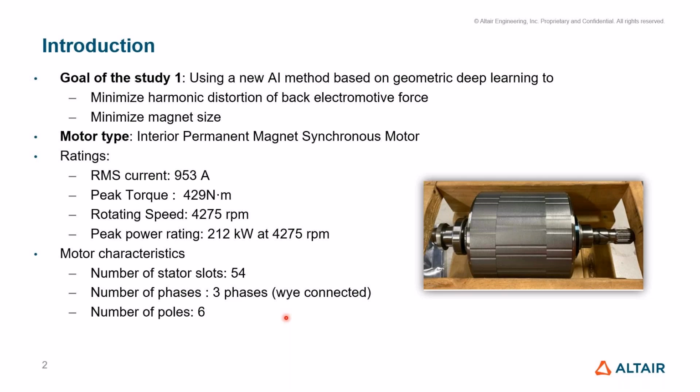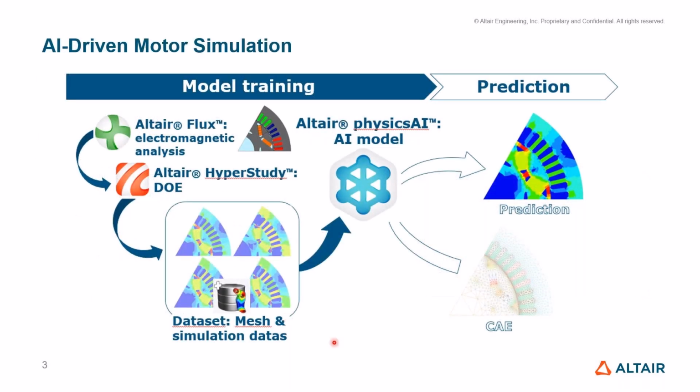So let's look at what data we had to extract, how the physics AI got trained, and then how the results look after optimization. Before we move on, the first step is to have our PM machine configured within Flux, because all the results that we need to use as data to train our physics AI come from Flux, and these are exported as H3D files.